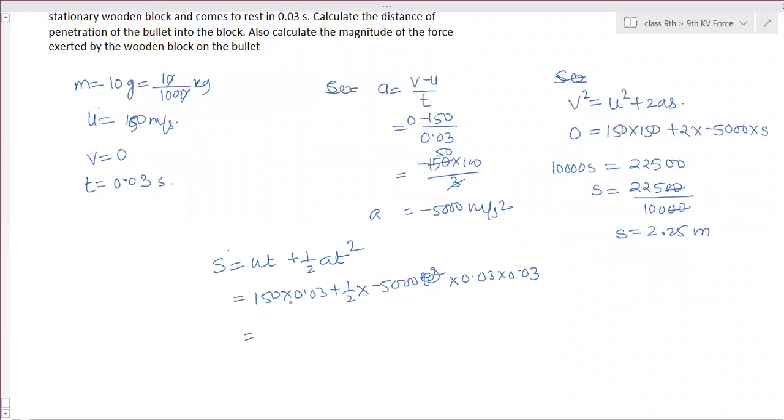This is 4.5, 150 into 0.03 is 4.5, minus half into 5,000 into 0.03 into 0.03, which is 4.5 by 2. So 4.5 minus 2.25 is 2.25 meter.